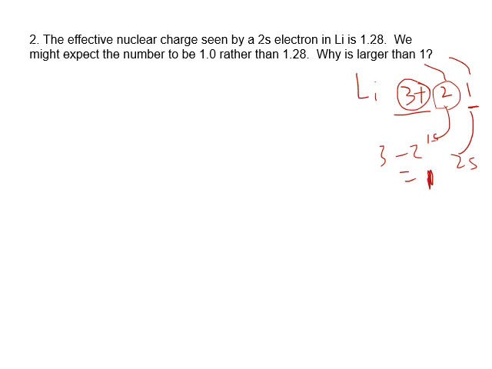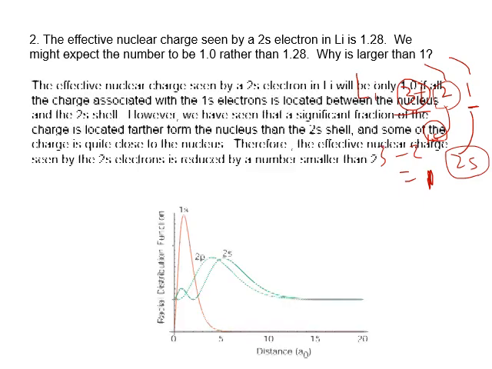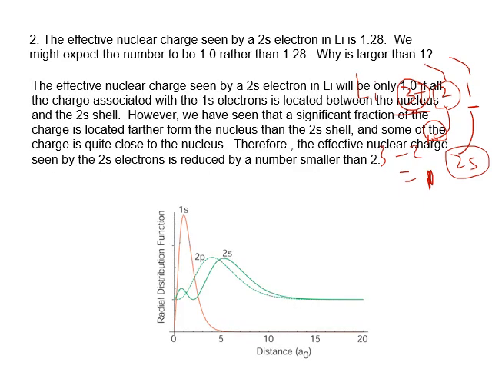However, the 1s orbital is not completely inside the 2s orbital, and the 2s orbital is not completely outside the 1s orbital. The orbital is a wave function, and you can see again in this diagram that even though the 1s orbital electron has a high density closer to the nucleus, the 2s orbital also has a probability that is close to the nucleus.